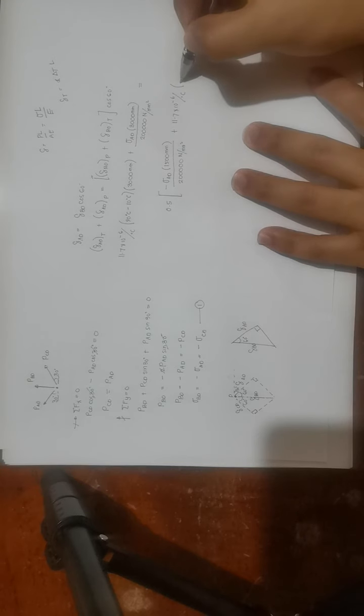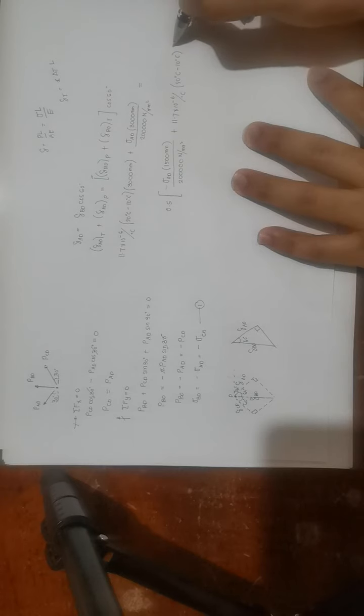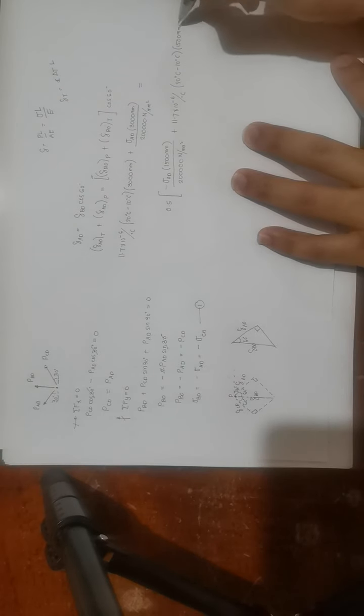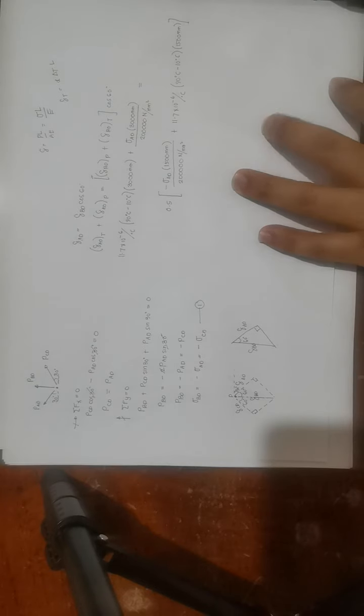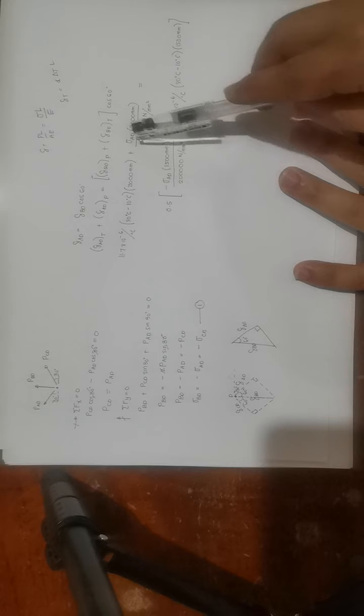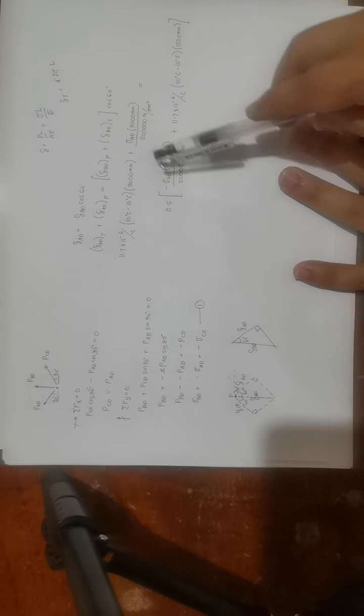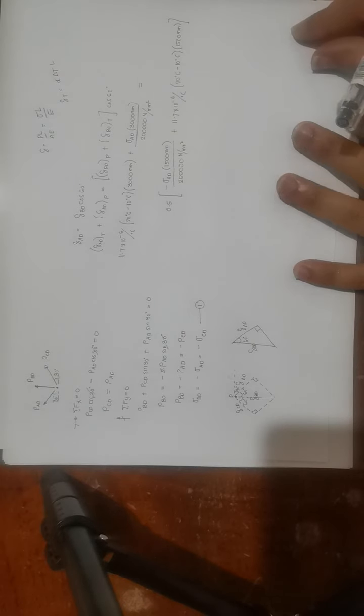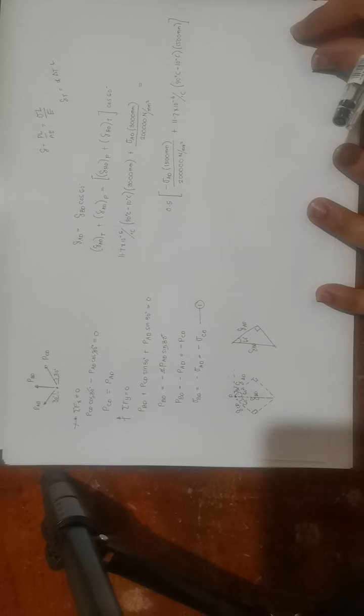That change in temperature is 90 degrees Celsius minus 10 degrees Celsius multiplied by the length of BD, 1,500 millimeters. So kung papansin sa ating equation, medyo mahaba lang, iisa lang po yung unknown, the stress in AD. So makukuha na po natin yan.